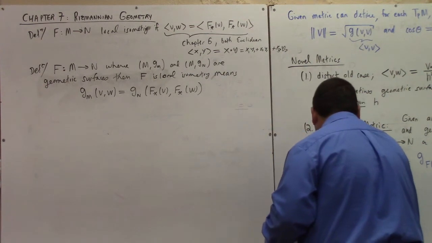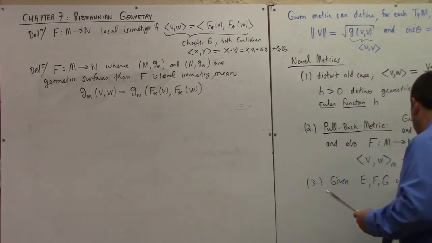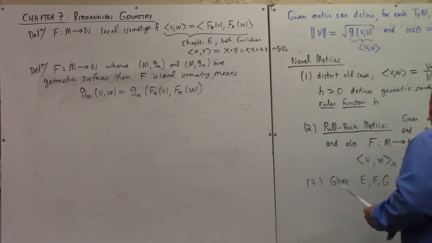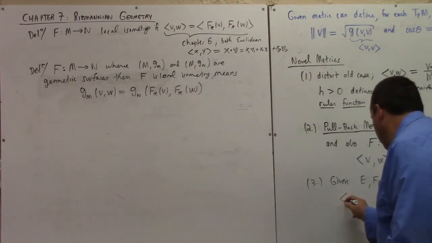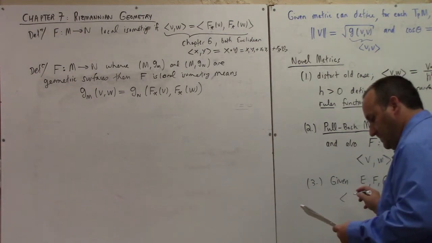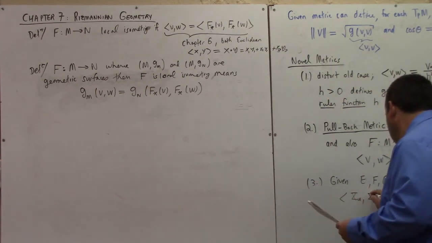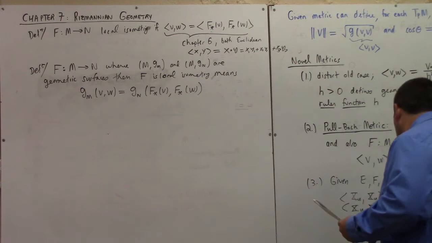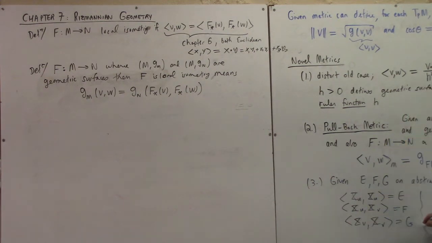The third is, given E, F, and G on an abstract surface M, you can construct this such that you say, I'm going to say X_u is E, I'm going to say that X_u, X_v is F, I'm going to say that X_v is G, and then extend bilinearly.